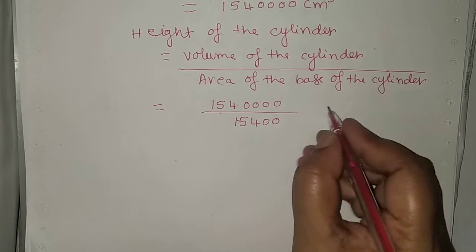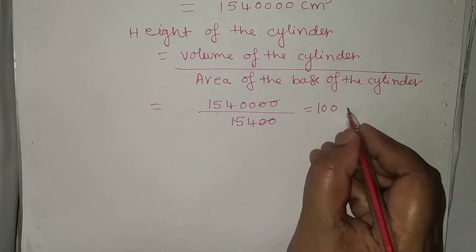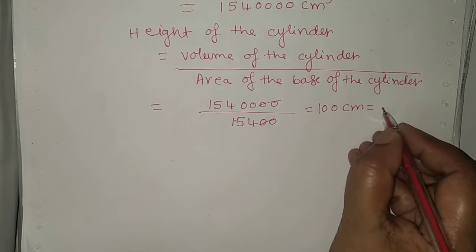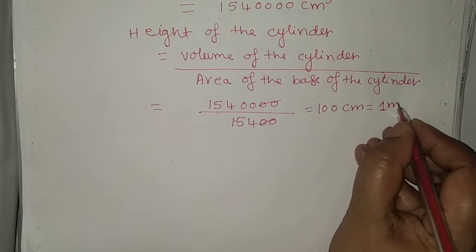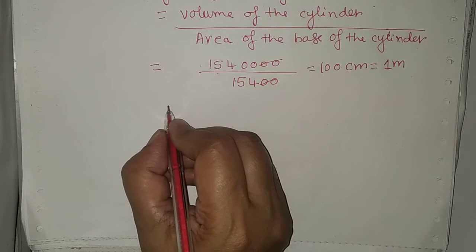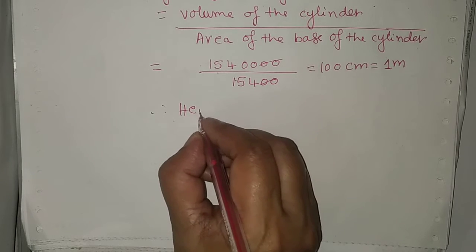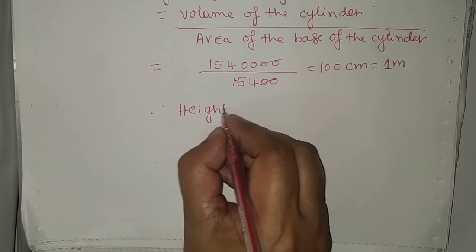So now we'll get this as 100 centimeters, which is equal to 1 meter. Therefore, finally, what we got: the height of the cylinder is 1 meter.